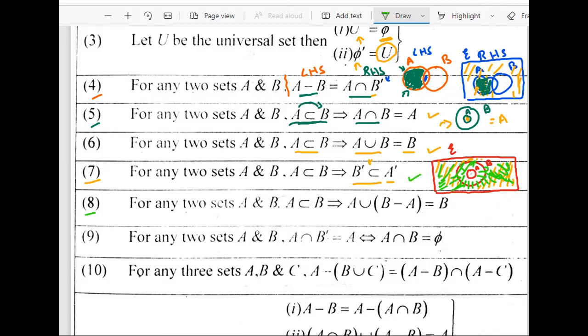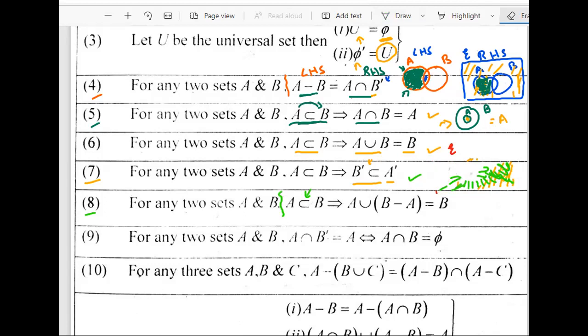The eighth one: for any two sets A and B, A is a subset of B implies A union (B minus A) equals B. Again, let me erase this big square, we don't need it.